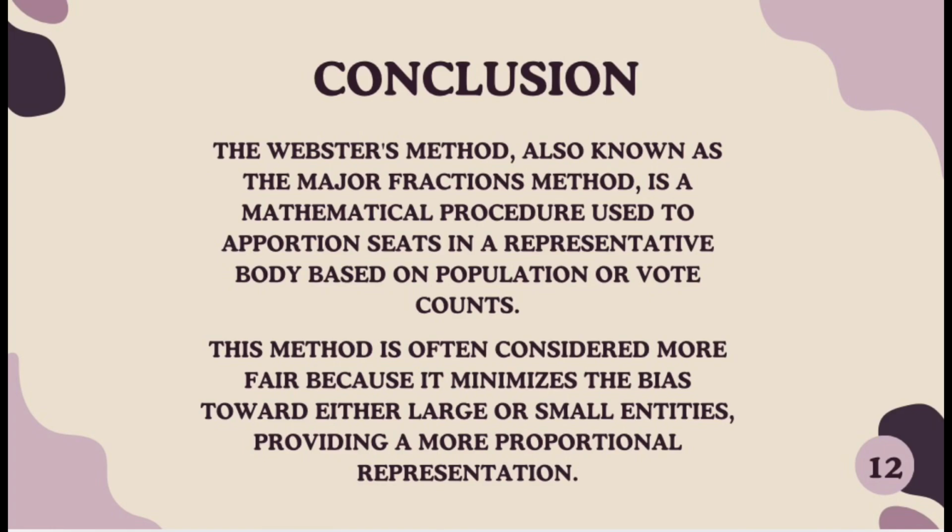This method is often considered more fair because it minimizes the bias toward either large or small entities, providing a more proportional representation. However, its fairness depends on the specific context of use, as no single method perfectly resolves all apportionment issues.